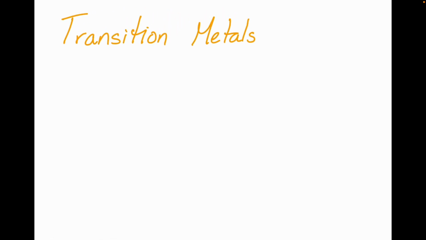Okay? And what we're going to see with our transition metals, for example, if we have an iron ion, iron 3, is that these are going to react with these compounds to form what are called transition metal complexes.